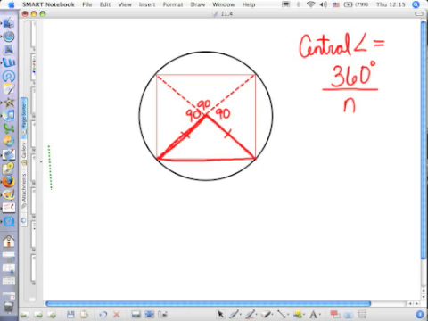So if that is an isosceles triangle, when I come and put my apothem in place, it's the altitude. So what does it do? It bisects the side. It is perpendicular. And what does it do to this 90-degree angle? It bisects the angle.